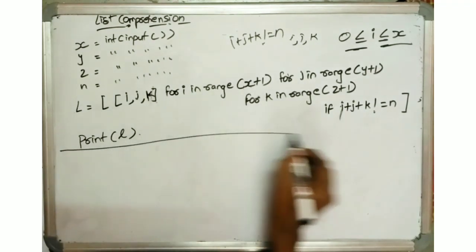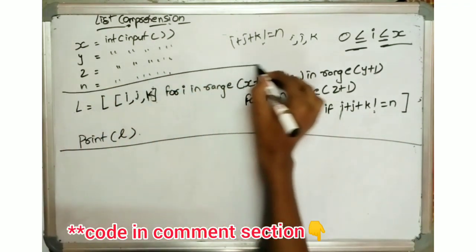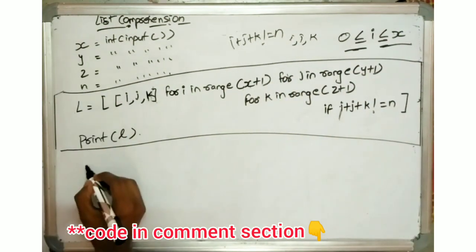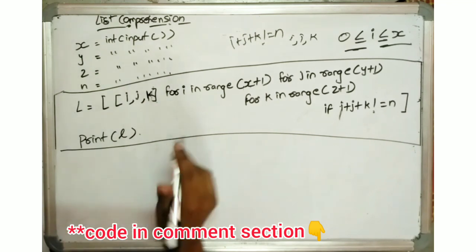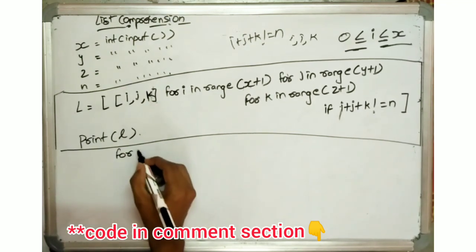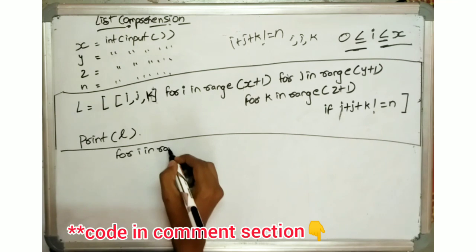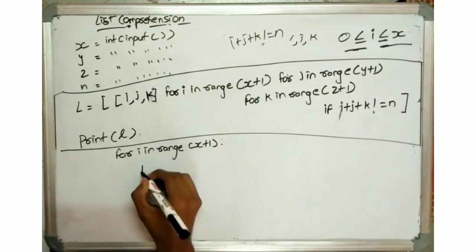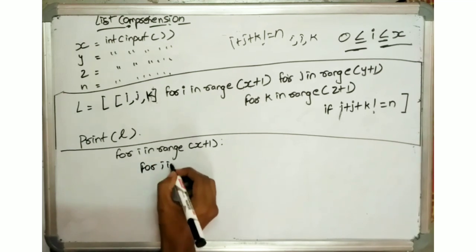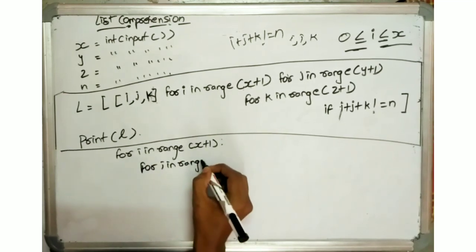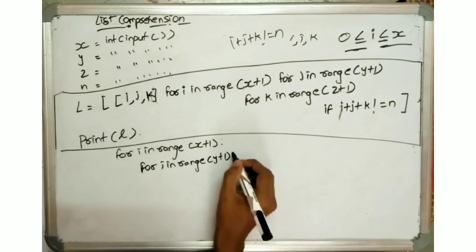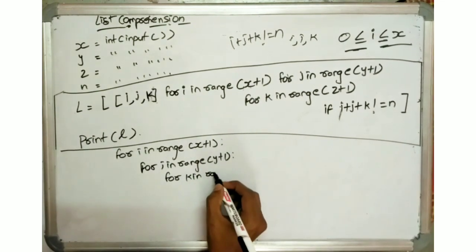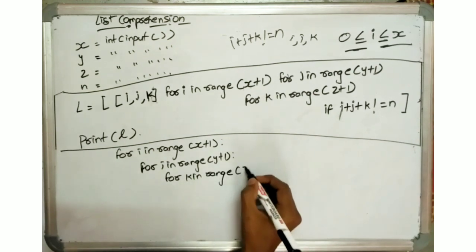Without list comprehension, reading the values part is similar. Without using comprehension we need to use 3 for loops: for i in range of x plus 1, for j in range of y plus 1, for k in range of z plus 1.